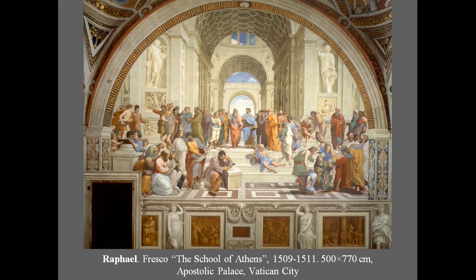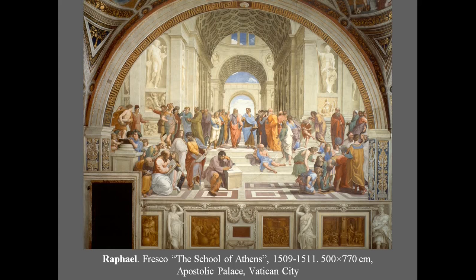The School of Athens is a fresco in the Stanza della Segnatura that was created between 1509 and 1511. Although called the School of Athens, the title refers to philosophers from the classical world rather than from any particular school of philosophy.